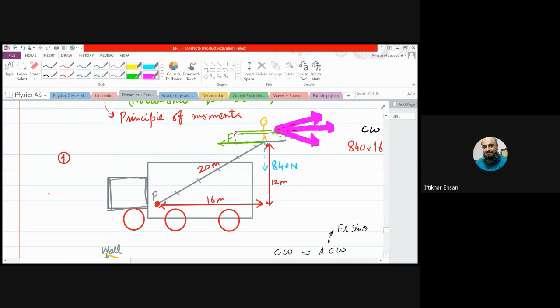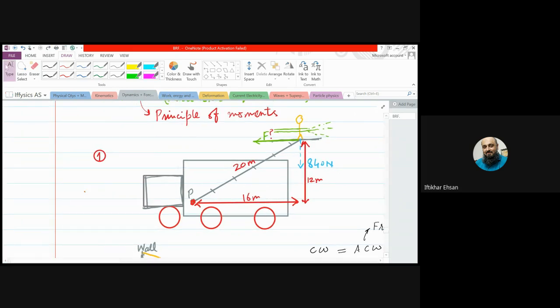Like when somebody shoots a gun, he feels a recoil backwards. The same is going to happen here. When the fire extinguisher sprinkles the water forward, it feels a backward force on the fireman that will create an anti-clockwise moment. This recoil force F, which I have marked in green, is the force we wish to find.